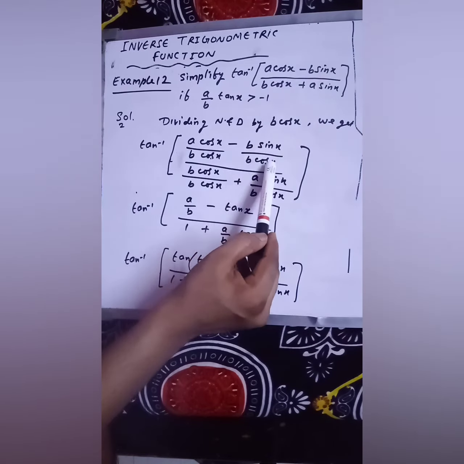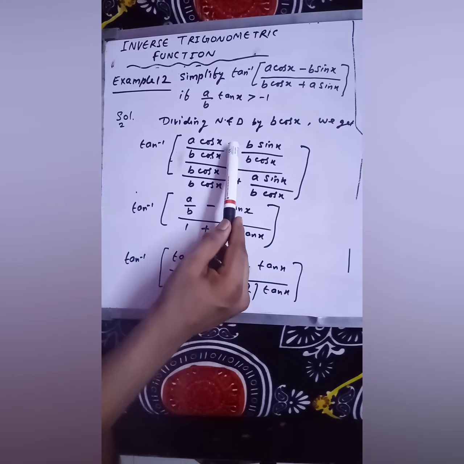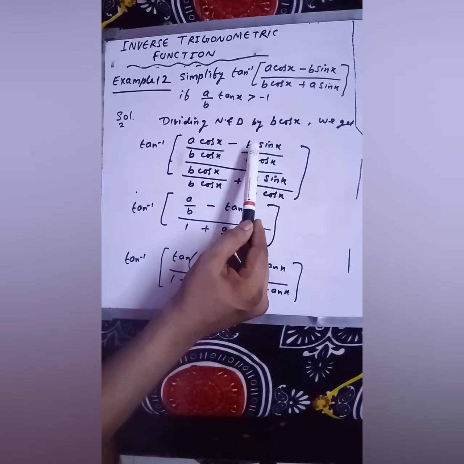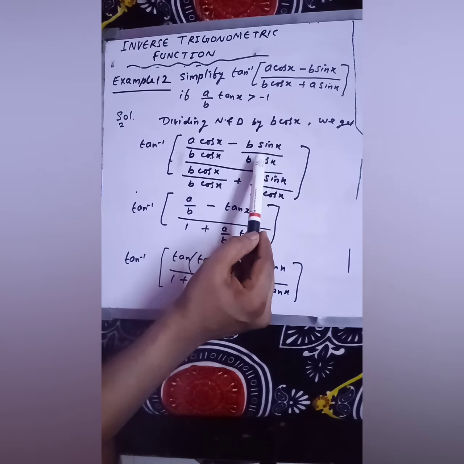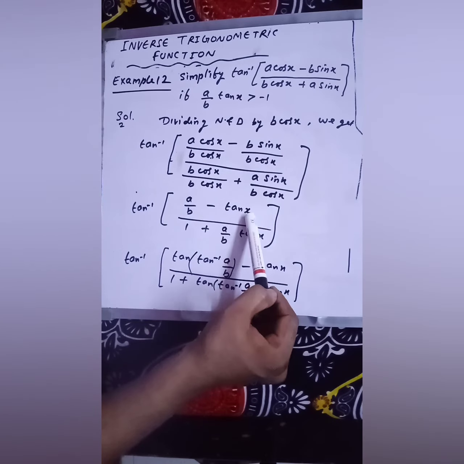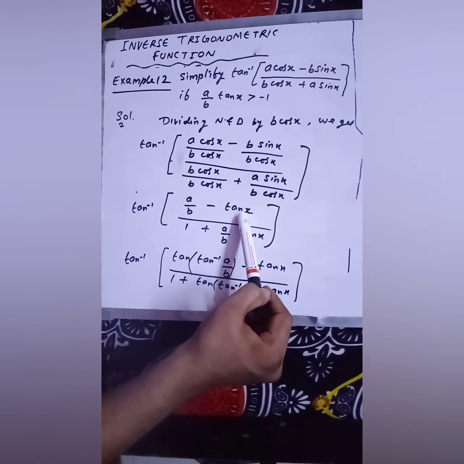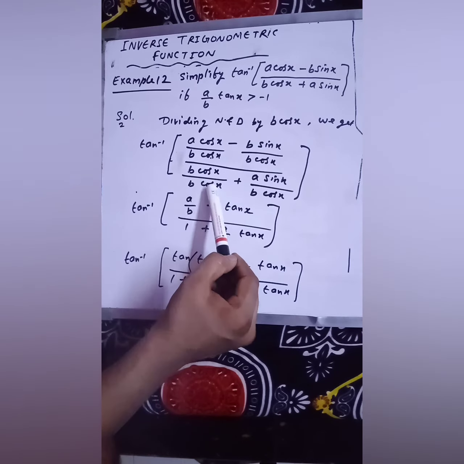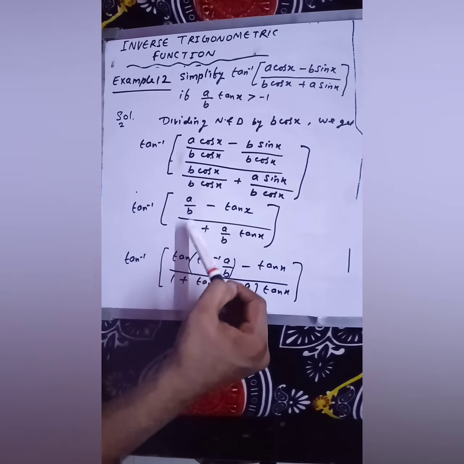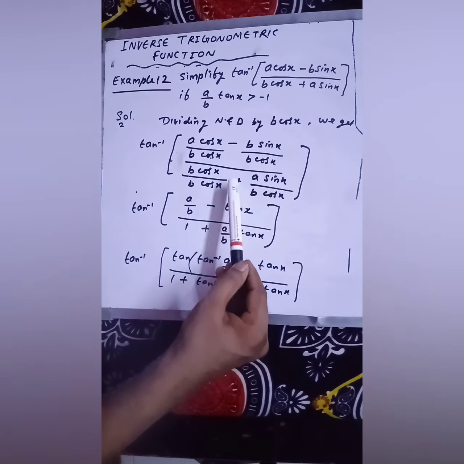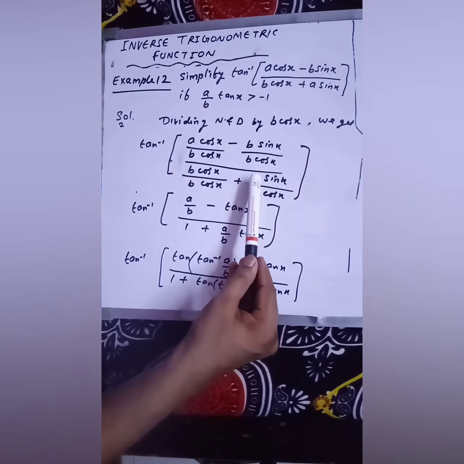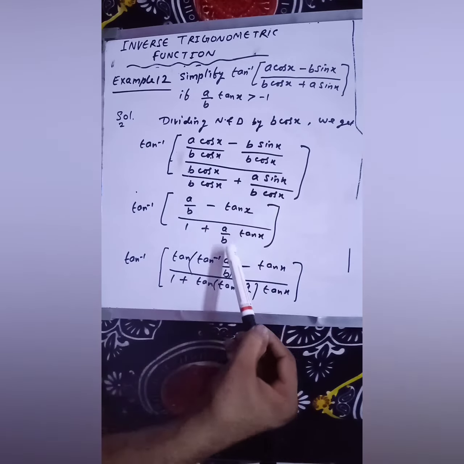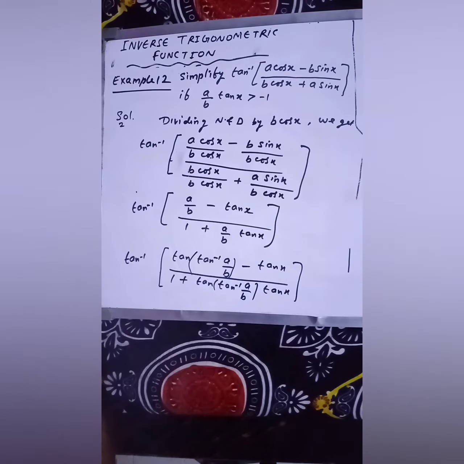You will get a by b minus, and here b and b will cancel out, sin x upon cos x, that would be tan x. Similarly in the denominator, b and b cancel, cos and cos cancel, so you will get 1 plus a by b tan x.